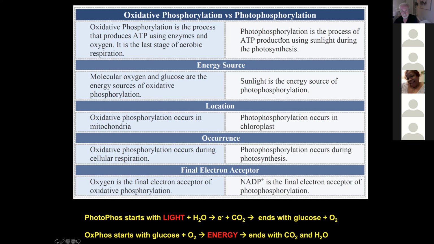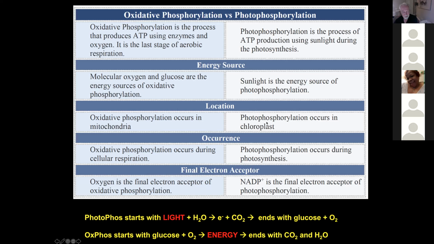Whereas in photophosphorylation, ATP is produced using sunlight as a source of energy. The energy source for oxidative phosphorylation is molecular oxygen and glucose, whereas the energy source for photophosphorylation is sunlight alone.